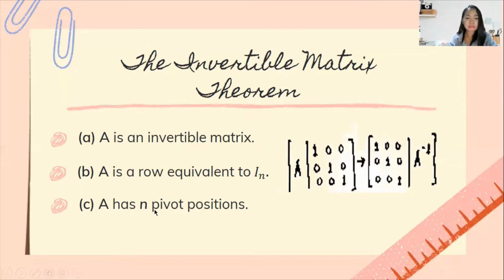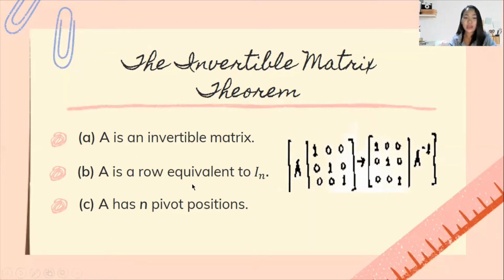A has n pivot positions. By following the steps a while ago, we did the letter A, which is A is an invertible matrix.